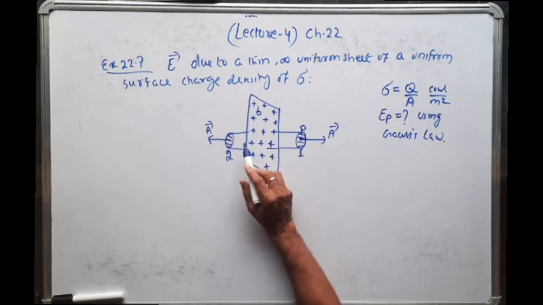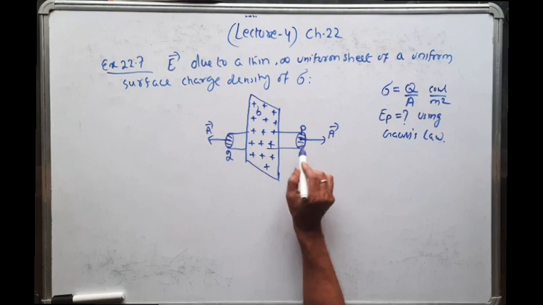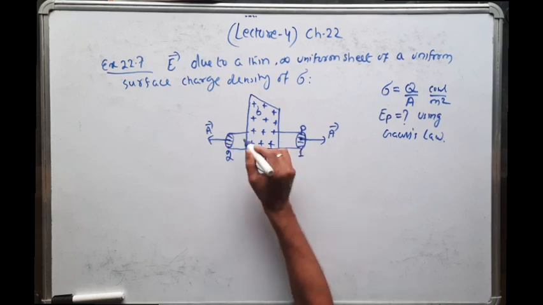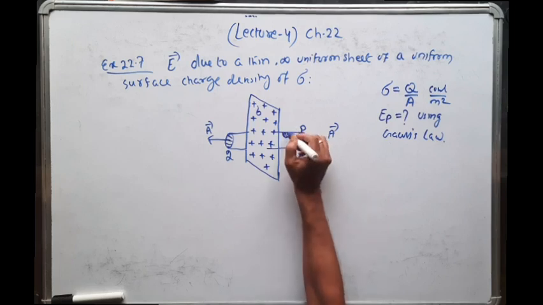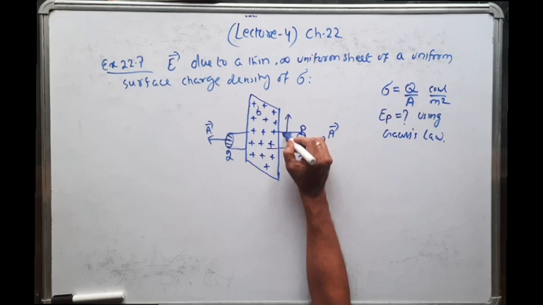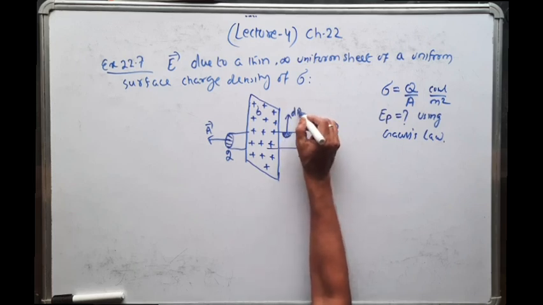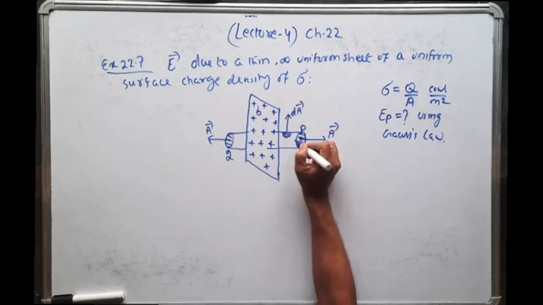In a cylinder there are 3 surfaces: the top and base, which are circular, and the third surface, the curved surface. If I take a small element on the third surface, the area vector is perpendicular to the surface. Let this small area be dA.